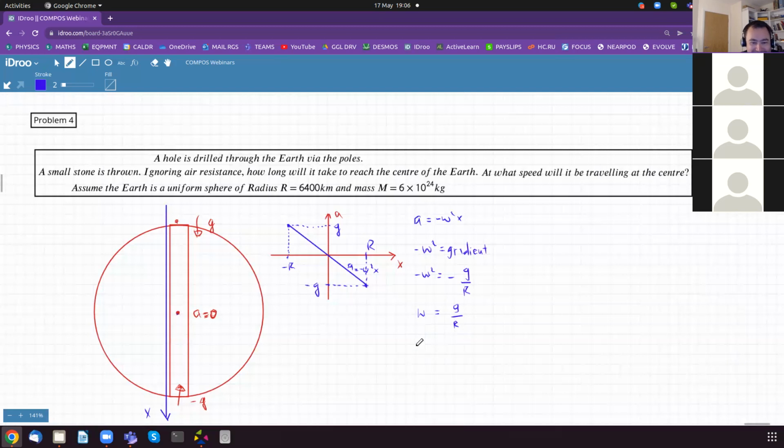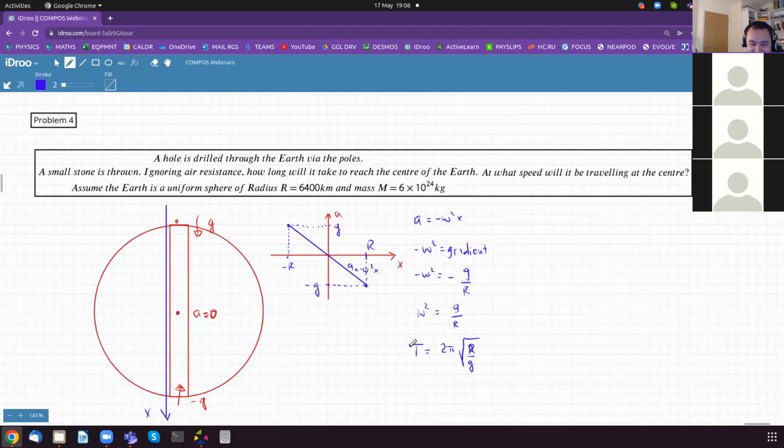And that means we can find the time period. It's 2 pi times the square root of r over g.